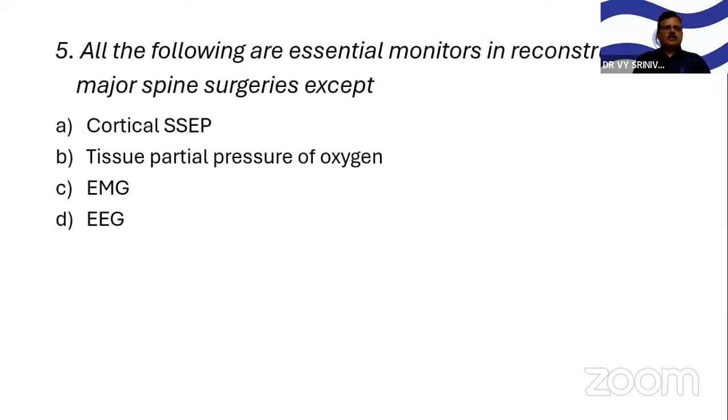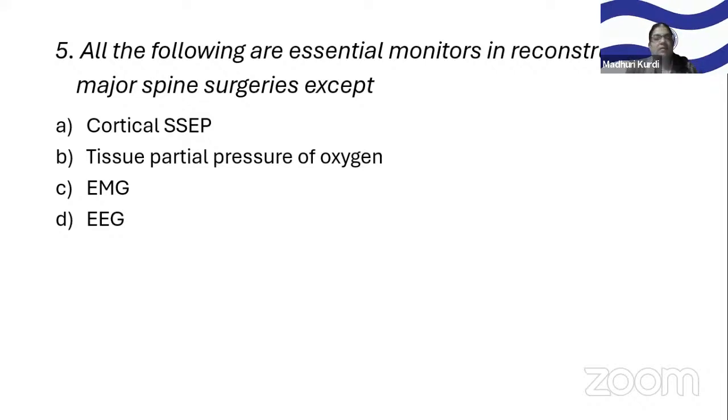Okay. Next. All the following are essential monitors in reconstructive major spine surgeries except: cortical somatosensory evoked potential, tissue partial pressure oxygen, EMG, EEG. So, sir, please keep the slides for a little longer, the topic is a little complicated. Okay, madam, I will keep it.